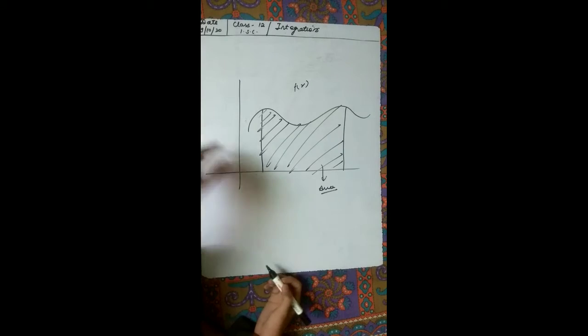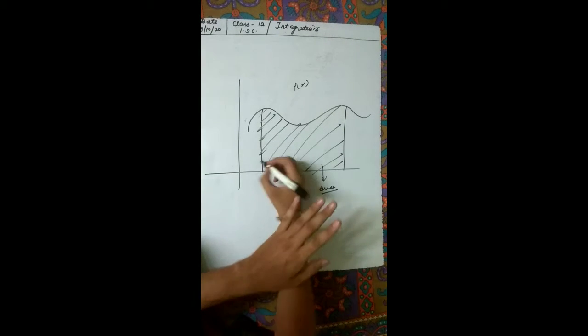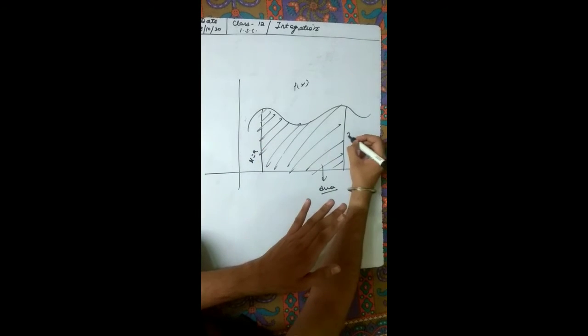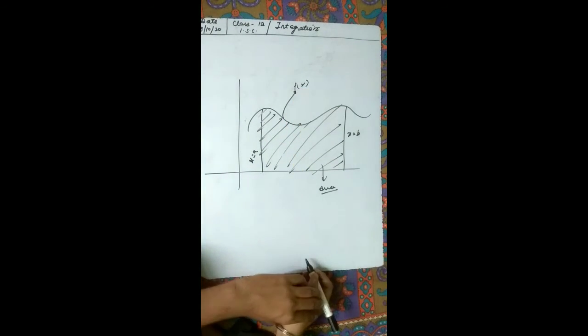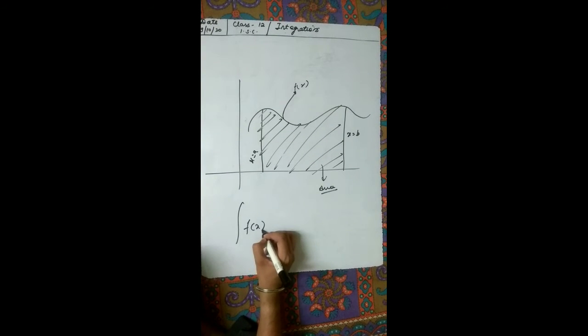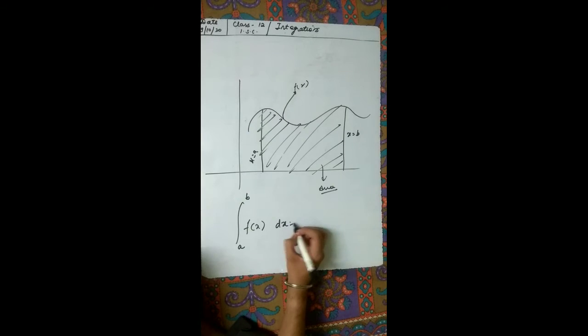We can consider this as an area function. This is for x equal to a and this is for x equal to b, and if this is your f(x), then we integrate f(x) dx from lower limit to upper limit.